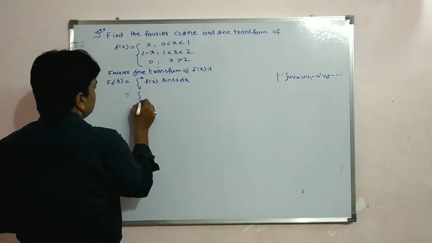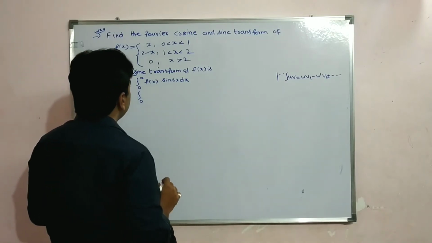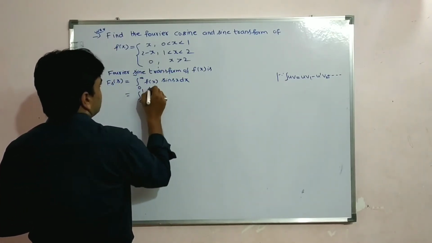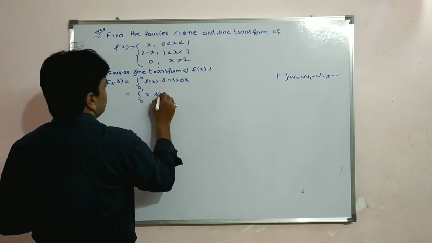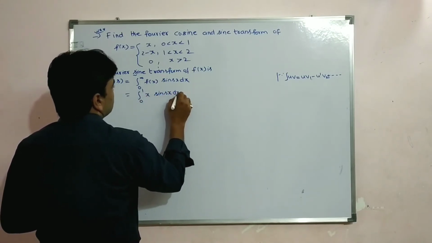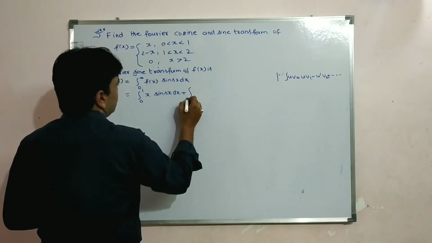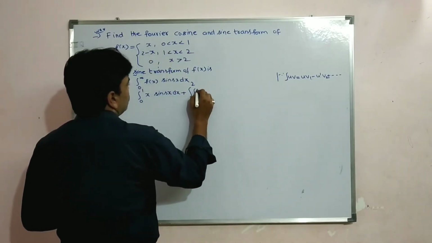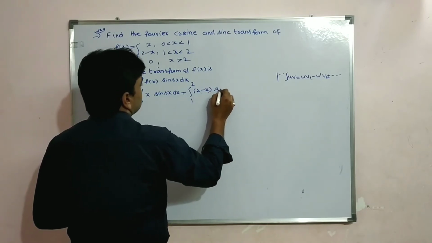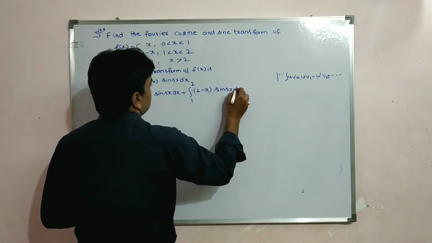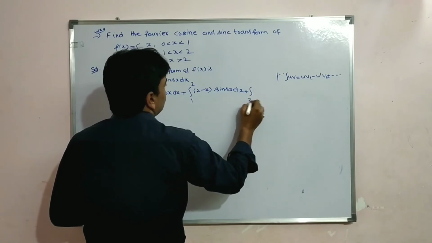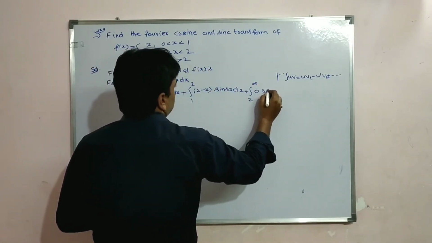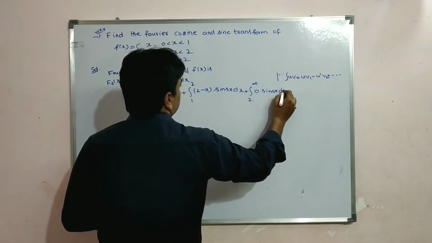Again split the limits, students: 0 to 1, f of x value is x sin sx dx, plus the integral from 1 to 2, f of x value here 2 minus x, sin sx dx, plus the integral from 2 to infinity, f of x value 0, sin sx dx.